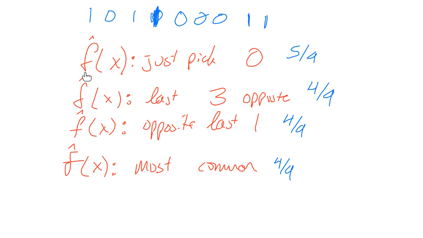But you could make arguments about all these other things, right? If you had good belief to say that the coin was biased, then just picking 0 in the long run might give you a better set of guesses than picking the most common, which might flip between 0 and 1 depending on random noise.